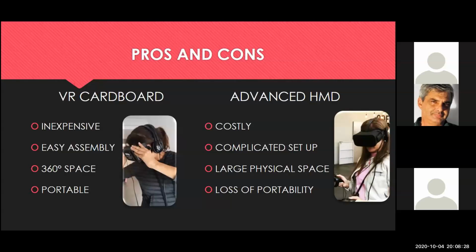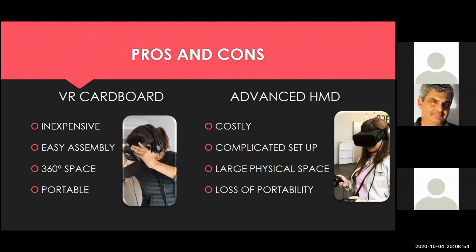They are inexpensive. They are easy to assemble. In fact, you can buy the cardboard and build it yourself. What we integrate are 360 videos. 360 videos are considered a form of VR where the viewer has choice over what he sees within a 360 environment. And they are easy to carry around.